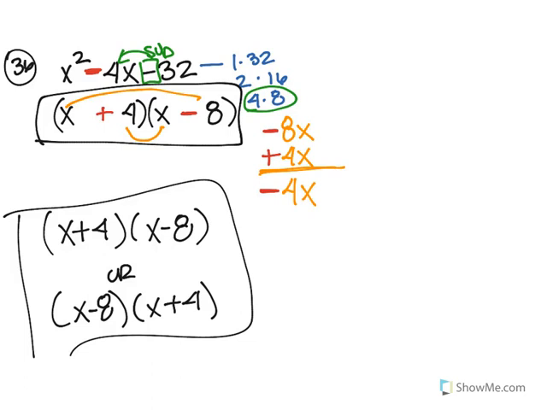And then lastly, 38 has a trinomial that has a coefficient greater than 1. If you had 3x squared plus 14x plus 15, I always ask my students that when you have coefficients on all three terms, check to make sure you don't have a GCF.